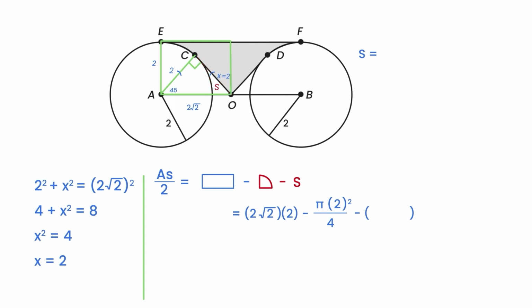I can take the triangle that is right there, and I can subtract from that triangle this segment of the circle. So I'll draw that over here. First, I will take the triangle, and I will subtract from that the pie segment that is right here.